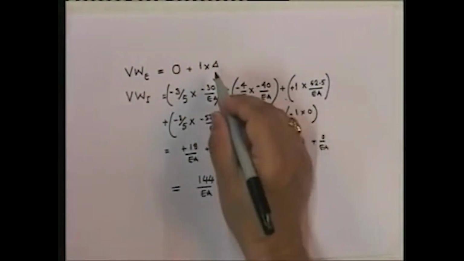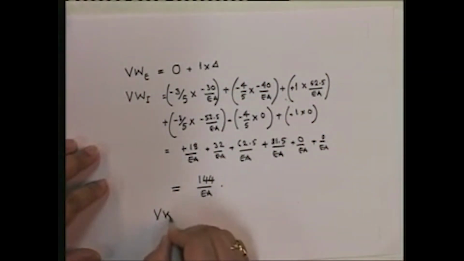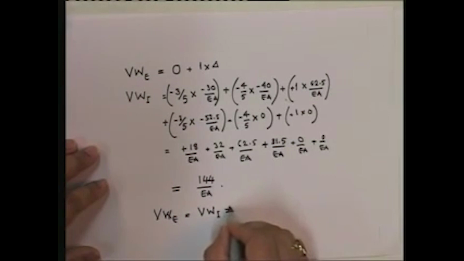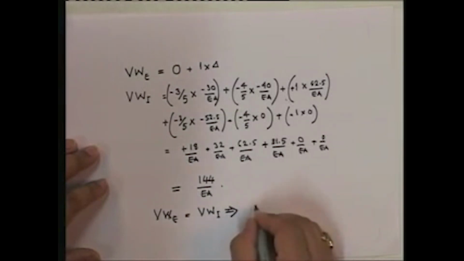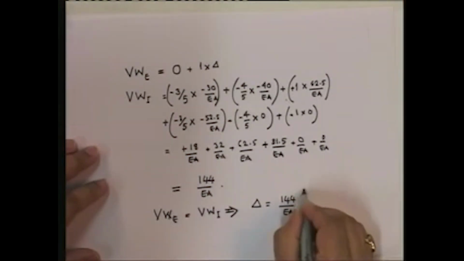is the external virtual work, and therefore once we put external virtual work equal to internal virtual work, that is our principle of virtual work, because the total work done is 0. We get delta equal to 144 upon EA.